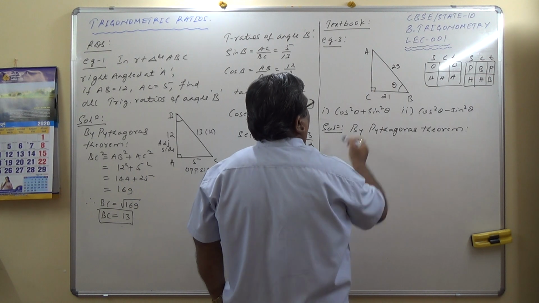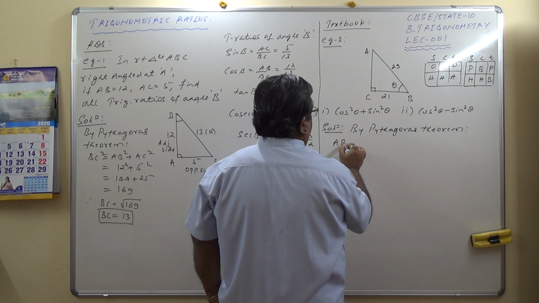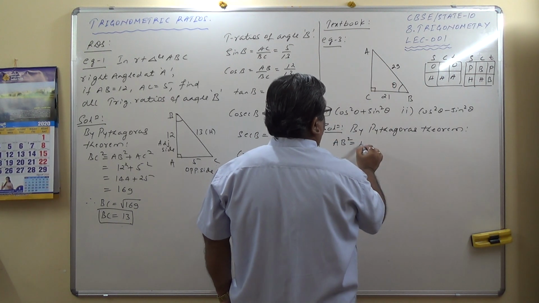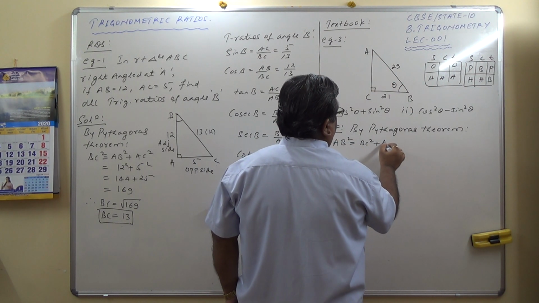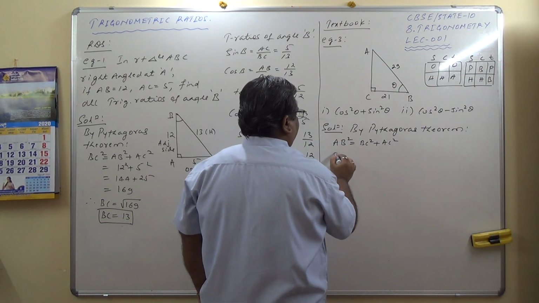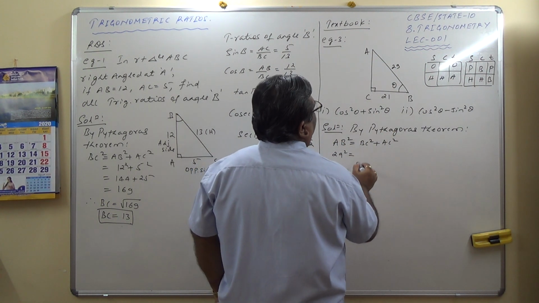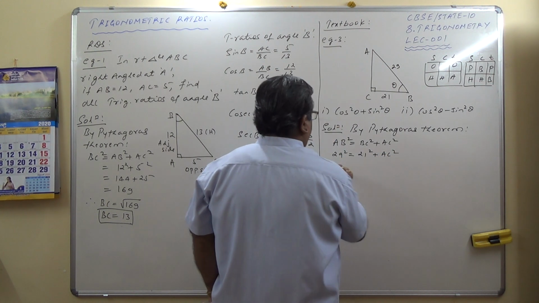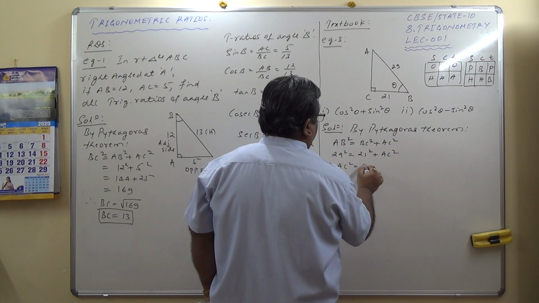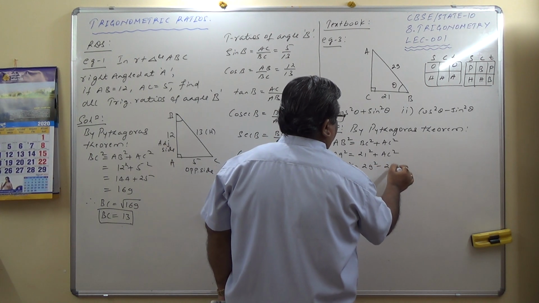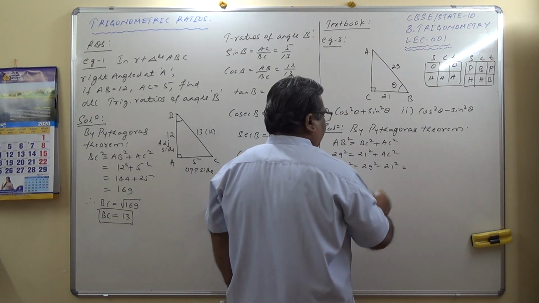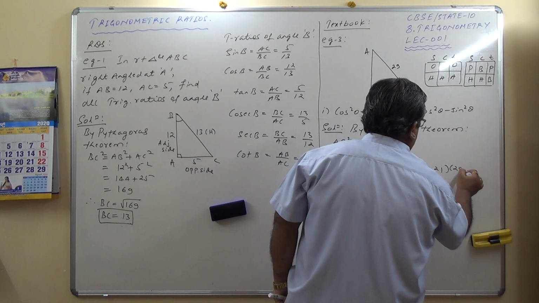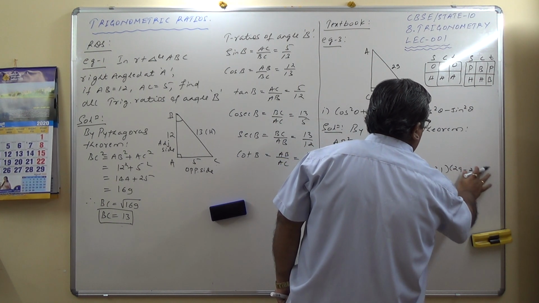AB square equals BC square plus AC square. 29 square equals 21 square plus AC square, and therefore AC square equals 29 square minus 21 square, which equals 29 plus 21 into 29 minus 21.